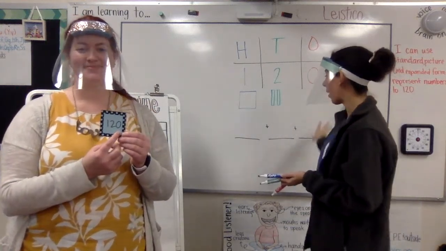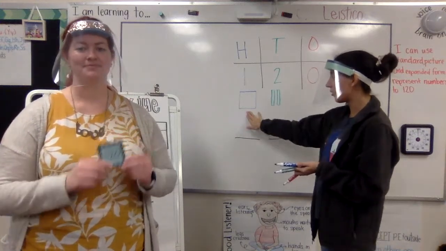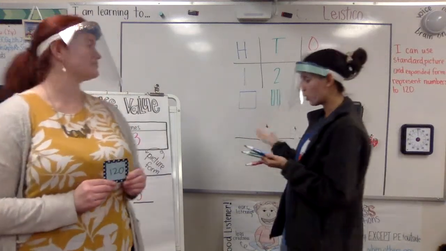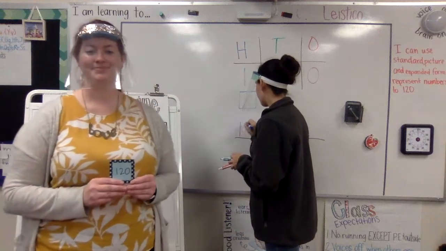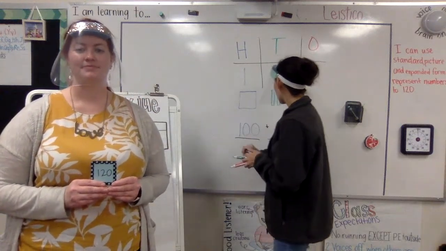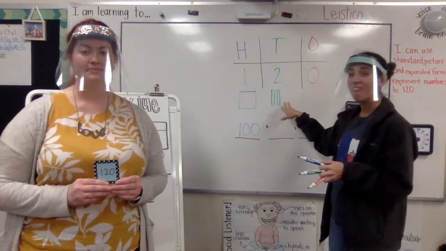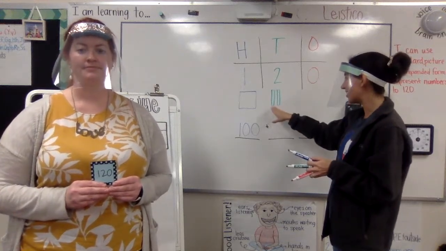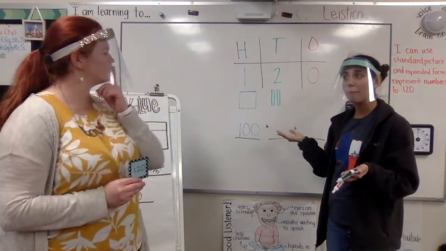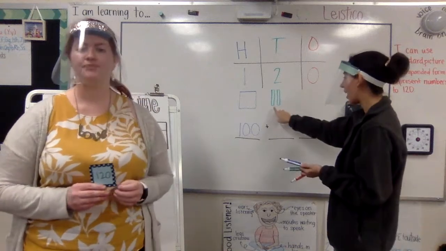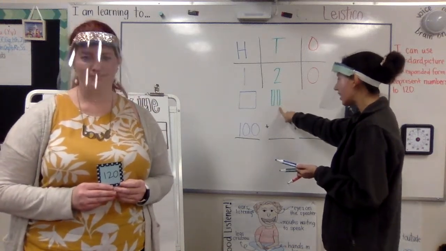So then, to tell my value for expanded form, I know that 100 block is worth 100. And I know for tens, the value of a 10 is 10. So I have to count them by tens. So I'm going to count 10, 20.